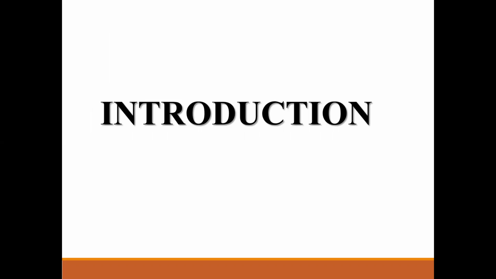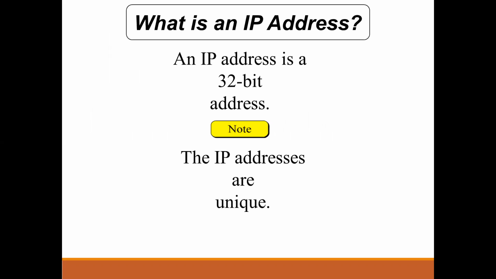The first part is introduction. We will see the details of the IP addresses. So here, first of all, we have to study what is an IP address. An IP address is a 32-bit address, and it is having two versions, IP version 4 and IP version 6.